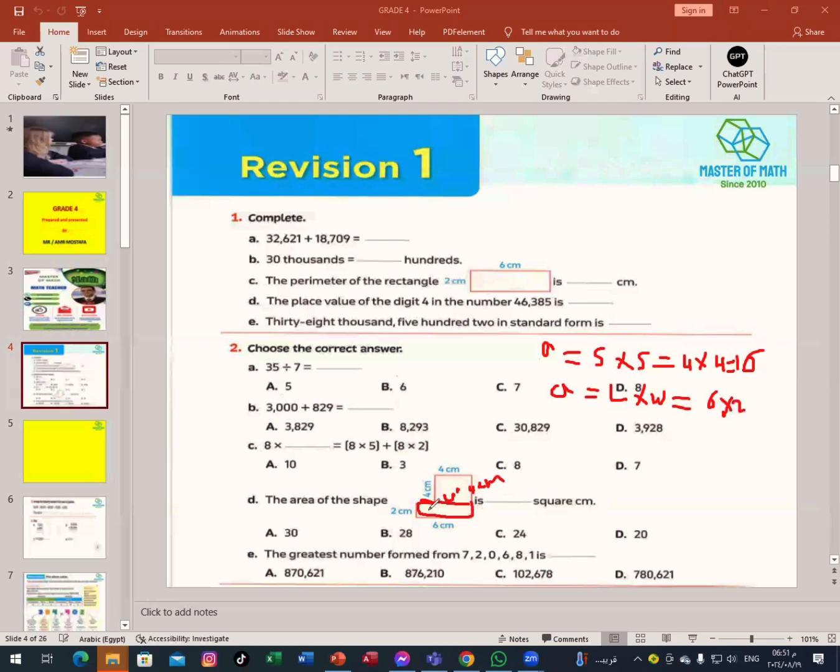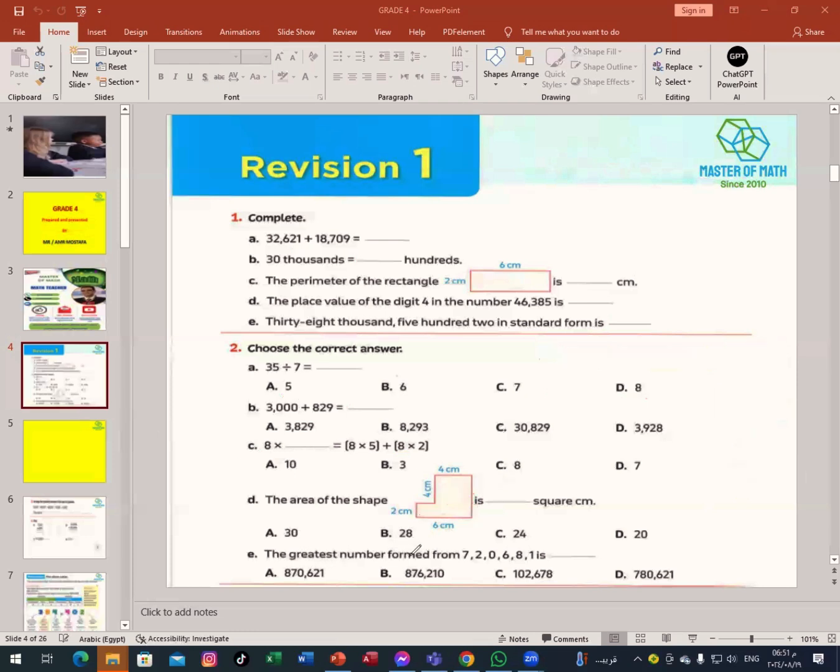Length is the largest side and width the smallest side. 6 times 2 equal 12. I have to add 16 plus 12. 6 plus 2 equal 8, and 1 plus 1 equal 2. 28, the correct answer. Okay?